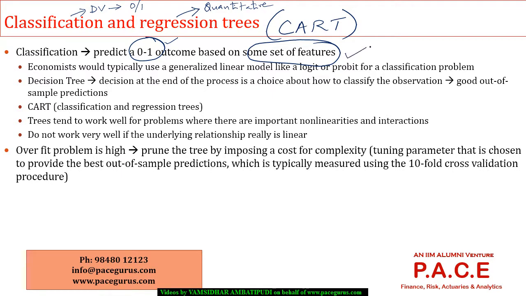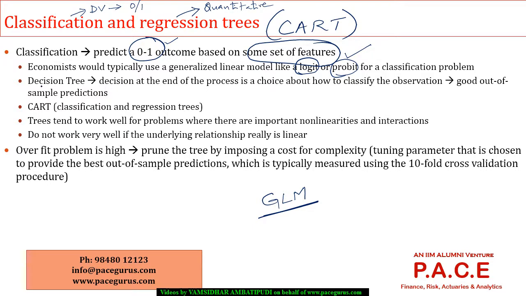I can use a big set of features as well. When it comes to econometrics, majorly I see the class of models being used are GLMs, generalized linear models. So there is a logit regression, there is a probit regression, etc. In the world of econometrics today, these are the models that are highly used for classification purposes.